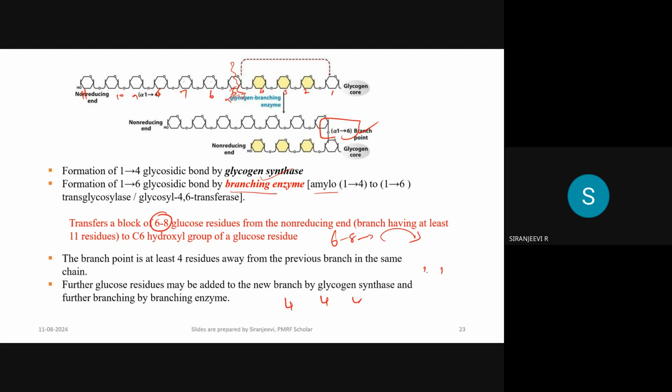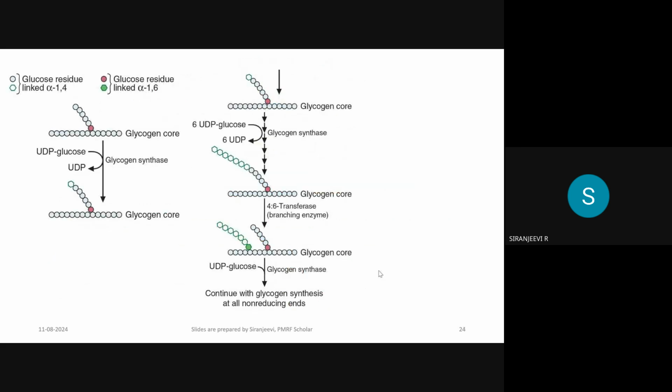So if there are 1, 2, 3, 4, this already has the branch added. Then after these 4, it will add the branch here. Then 7, 8, 9, 10. Then again it will add the branch here. So after every 4 molecules, it will add the branching point. That will be done by the branching enzyme called amylo 1,4 to 1,6 transglycosylase. So this is the overall process.